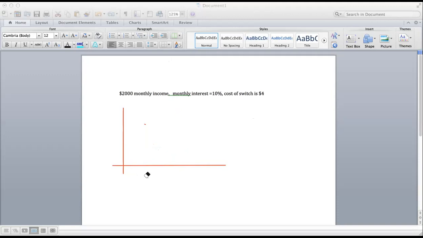You use $1,000 for daily transactions, and you buy bonds with the remaining $1,000. So your money at the beginning of the month is 1,000.